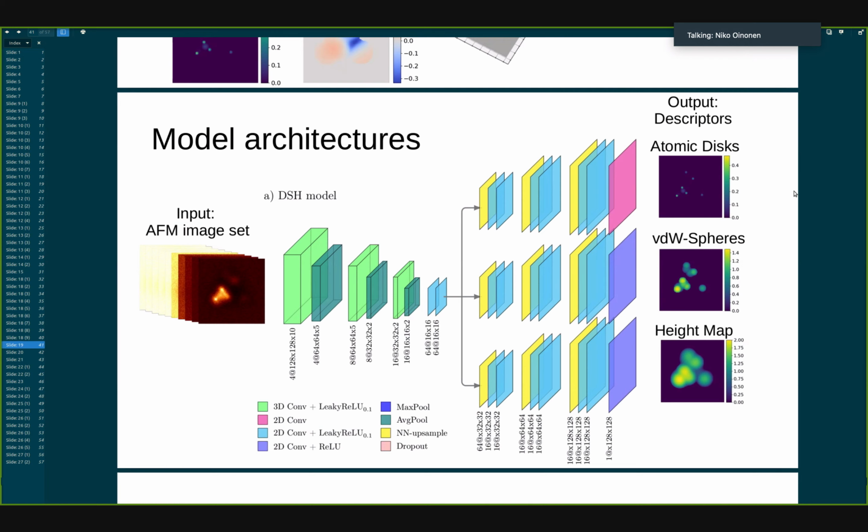And for this reason, we add some prefactor to the loss for the different components. So the atomic disk has times 20 and the height map is times 0.1. Fair enough. So you kind of normalize the output image. Yeah, though ideally maybe the loss function would be dynamically normalized, but I haven't looked into that too much.